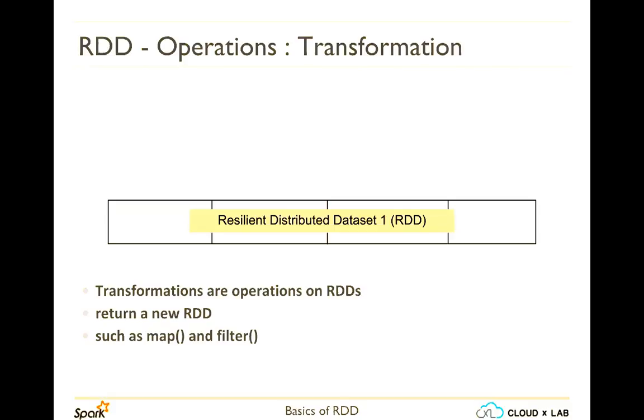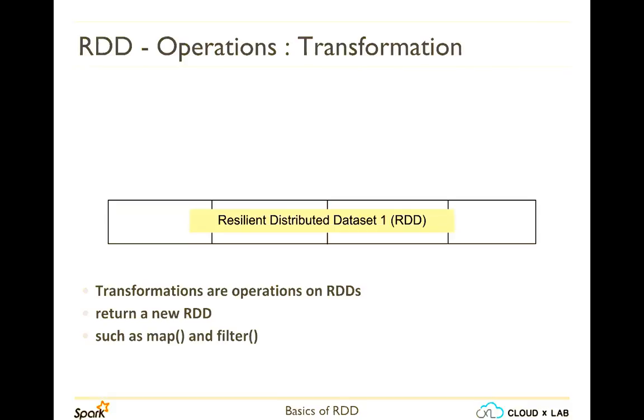We can use functions like map and filter to operate on RDD. There are many other functions like flatMap and so on. We will talk about those as we go ahead.